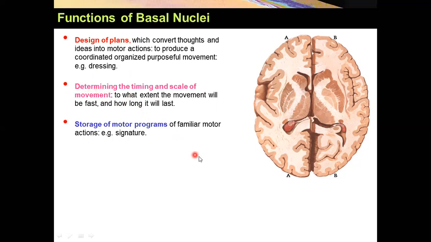And also the basal ganglia store motor programs of familiar motor actions like signature, like riding a bicycle or riding a horse, driving a car. All these information are stored in the basal ganglia.